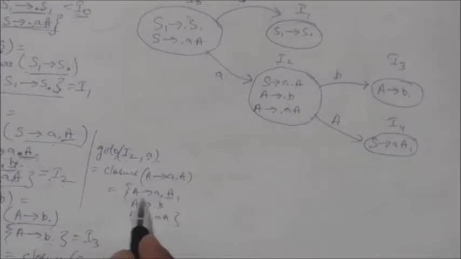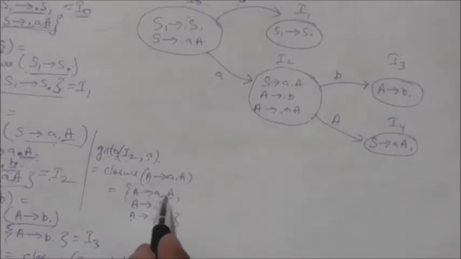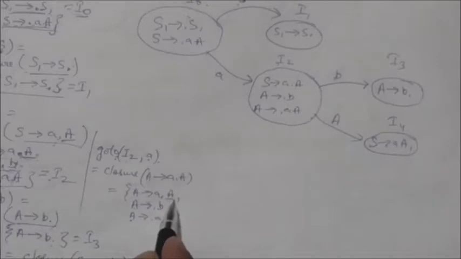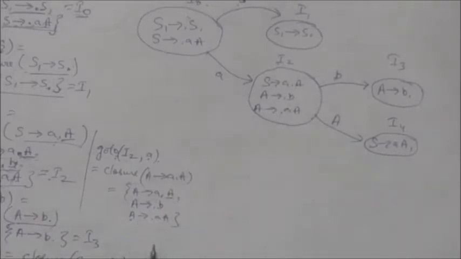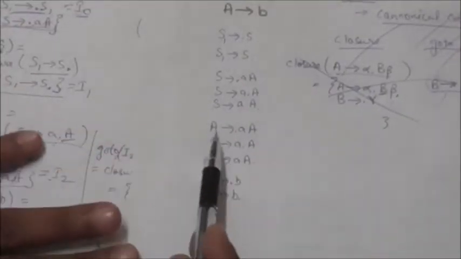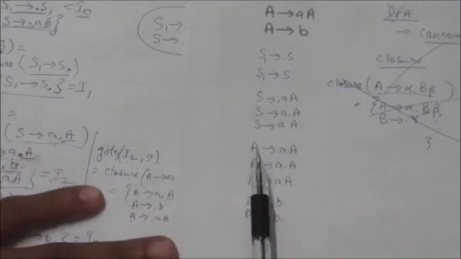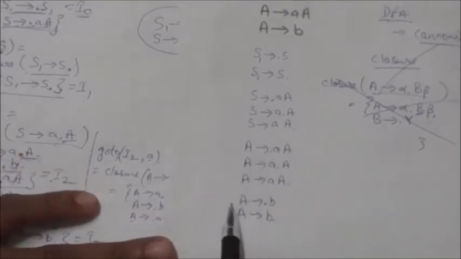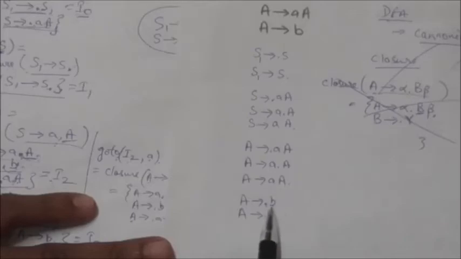Now in this item, when it is placed in the closure, we will check the position of the dot. You can see that the dot is preceding this non-terminal symbol A. So in the closure, we will add items in which this non-terminal A is on the left side and the dot on the right side is at the leftmost position.